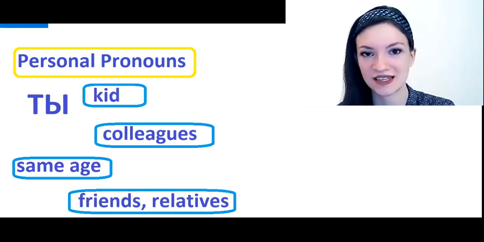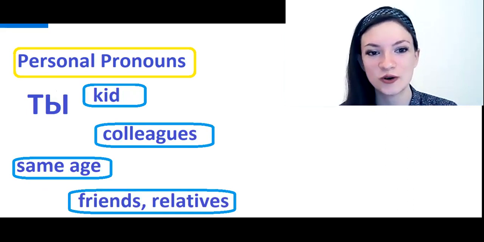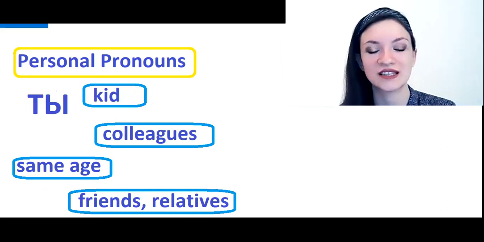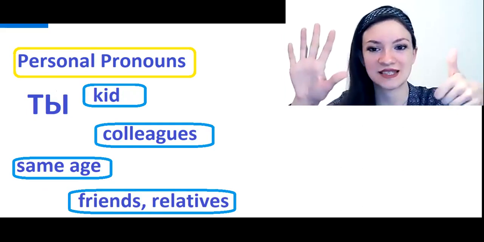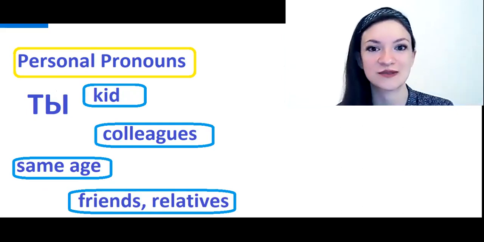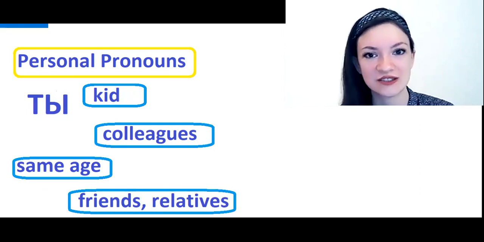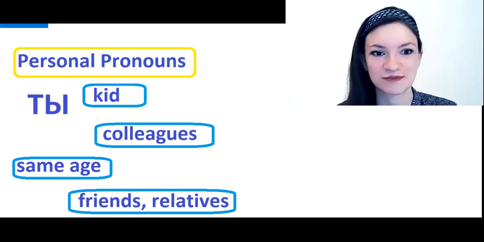I have to make a little note that all these personal pronouns that we are talking about today are all in the nominative case, okay? Because in Russian we have 6 cases, 6 падежей, we say in Russian. And now we only talk about the first one, the basic one, the nominative case.